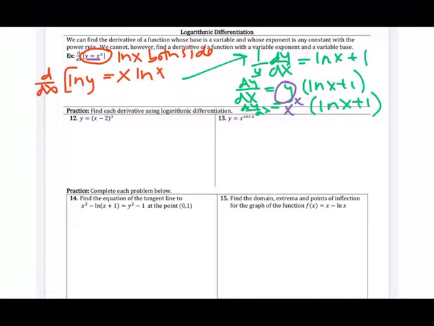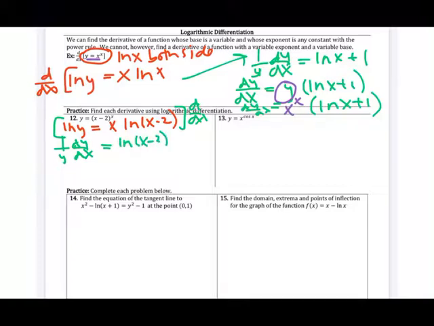Let's first take the natural log of both sides. Now we can differentiate with respect to x. So we're going to have 1 over y dy dx equals product rule here, so natural log of x minus 2 plus x over x minus 2.